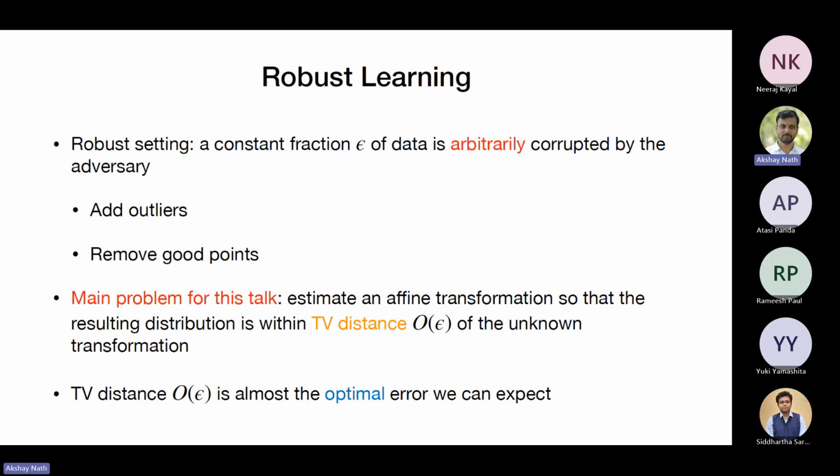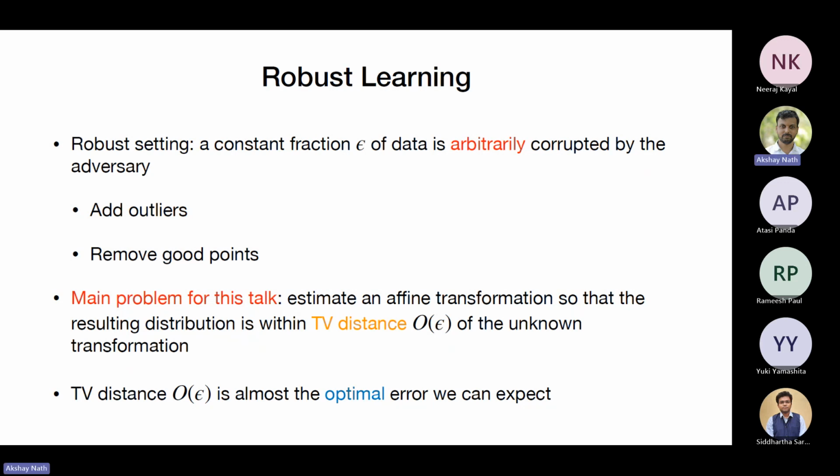But what if in our samples there are noise outliers? So we introduce the robust setting. In our sample, there is a constant fraction, and we call it epsilon. So an epsilon fraction of data is arbitrarily corrupted by the adversary.